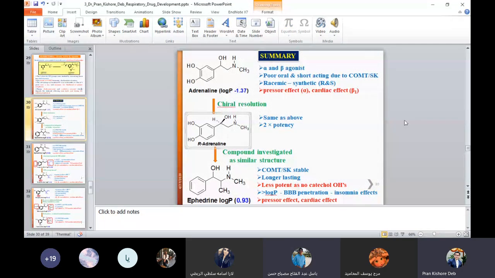So remember, this is the third time I'm mentioning: whenever you say OH, don't simply say OH. You need to mention which OH, catecholic OH or alcoholic secondary OH. So the R enantiomer is more potent than the S enantiomer because of this alcoholic OH, which remains above the plane and can form important hydrogen bonding with the amino acid residue. What is the name of the residue?